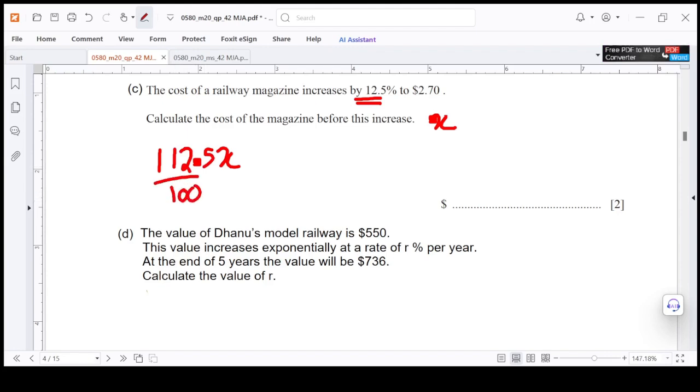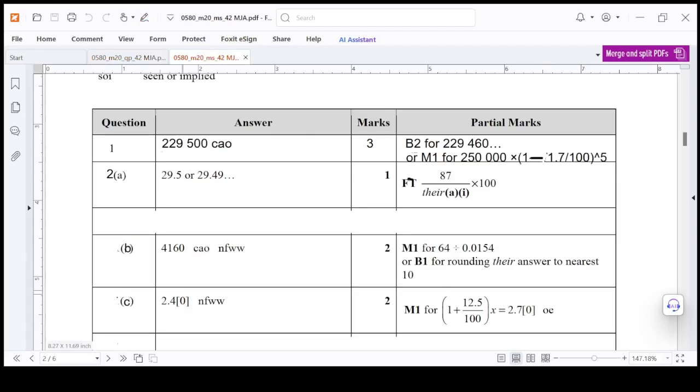When you find 112.5% of this X, it becomes 2.7. It's a question on reverse percentage. So now we cross multiply: 2.7 times 100 divided by 112.5, which is giving me 2.4. Let's check the answer. It is correct.